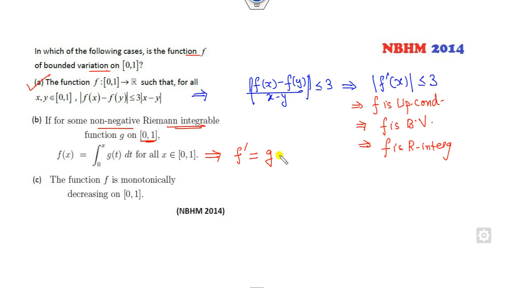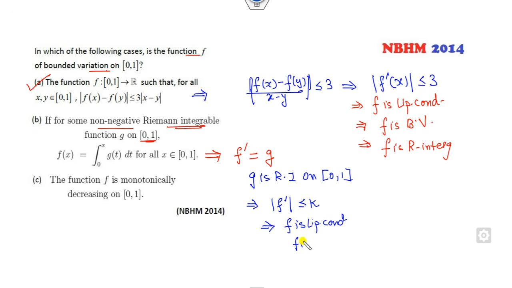It is g, and since g is Riemann integrable on 0, 1, what does it mean? It is less than k. So therefore f again satisfies the Lipschitz condition. Therefore f is of bounded variation. You can't directly say that if g is Riemann integrable, it implies bounded variation. So this is also a correct option.